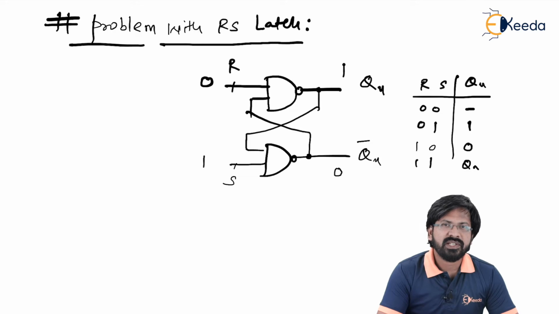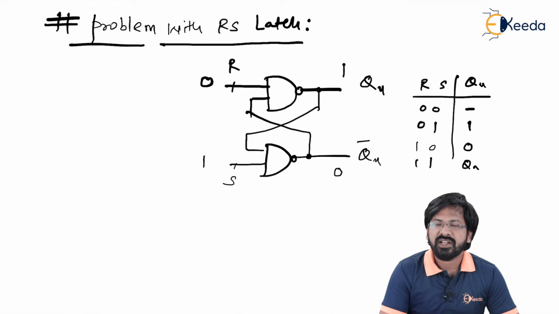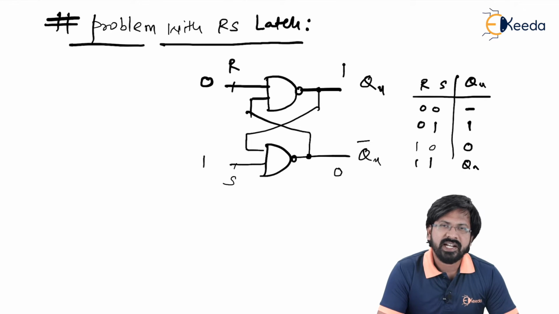Now our motive is to keep this status the same. Let's say we are performing some operation based on this latch, and some load is being driven with the help of this latch. We can take the example of a DC motor.